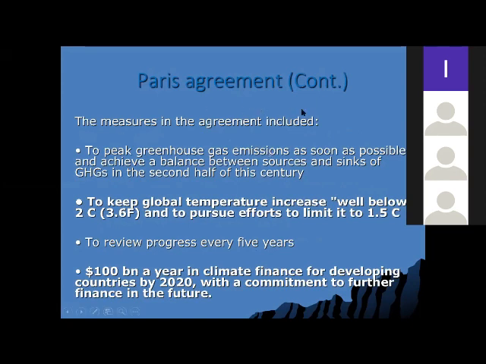Now the Paris Agreement includes these few points. I'll just give you a glance. The globe needs to peak greenhouse gas emissions as soon as possible and achieve a balance between sources and sinks. In other words, the amount that we put into the atmosphere, the greenhouse gases, has to be absorbed.